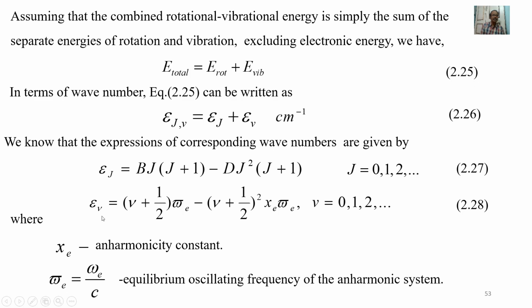Similarly, the wave number for the vibrational energy is given by (nu + 1/2) omega e, the equilibrium oscillation frequency, minus (nu + 1/2) whole squared x e omega e, where x e is the anharmonicity constant. Here nu equals 0, 1, 2.